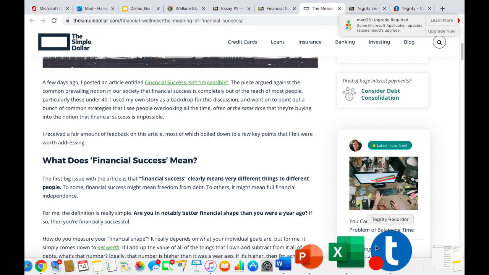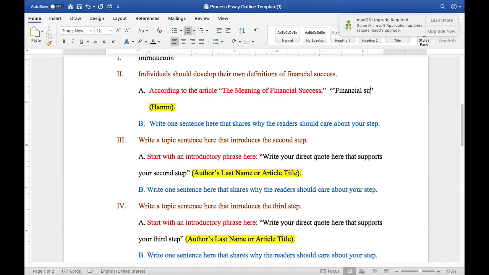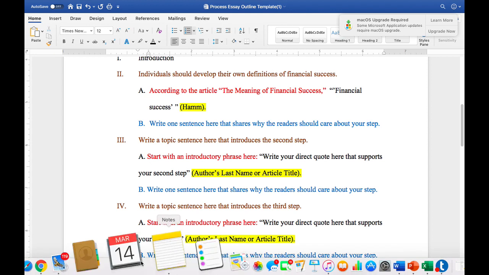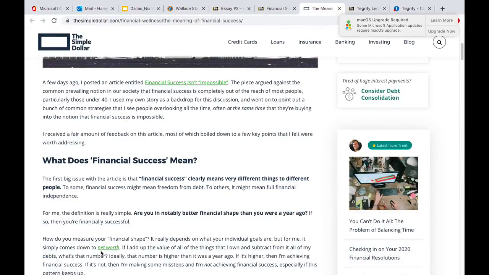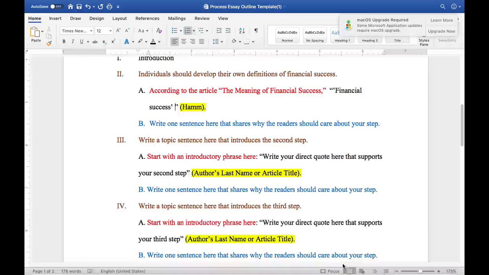Okay, since that term, financial success, already has quotation marks around it, I put single quotation marks around it here. So it said financial success clearly means very different things to different people.